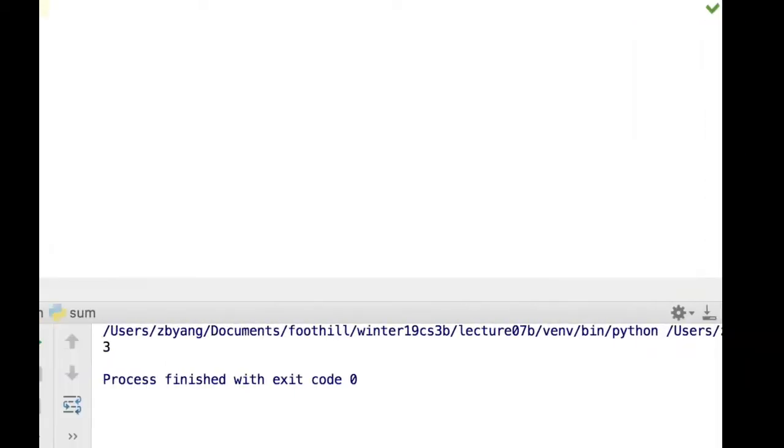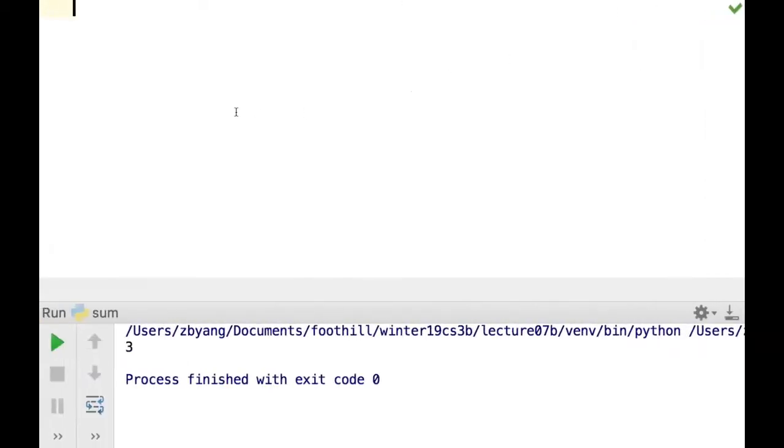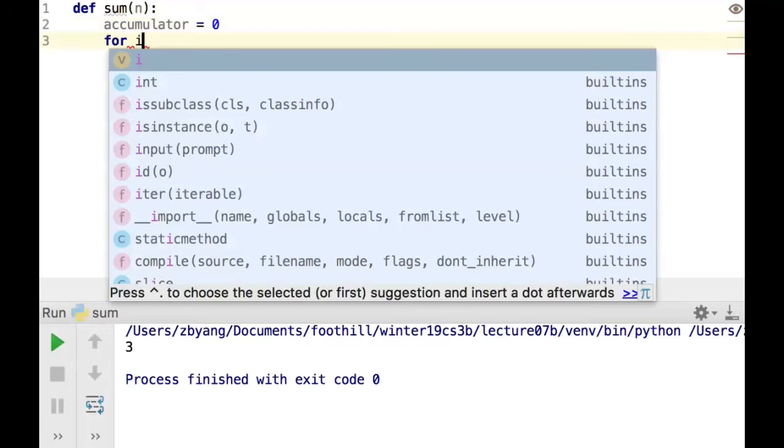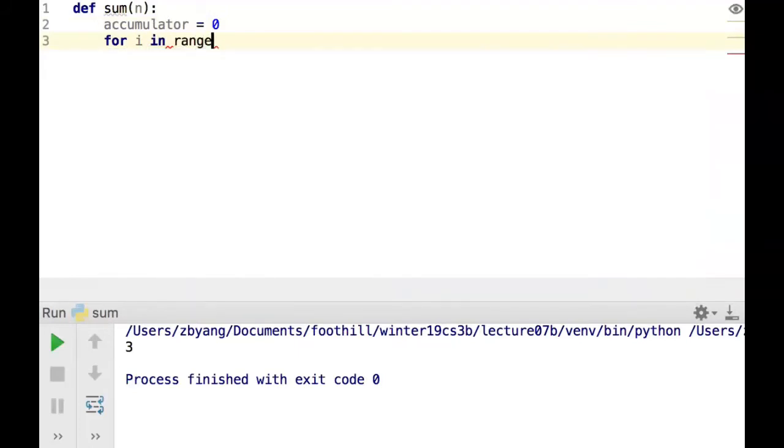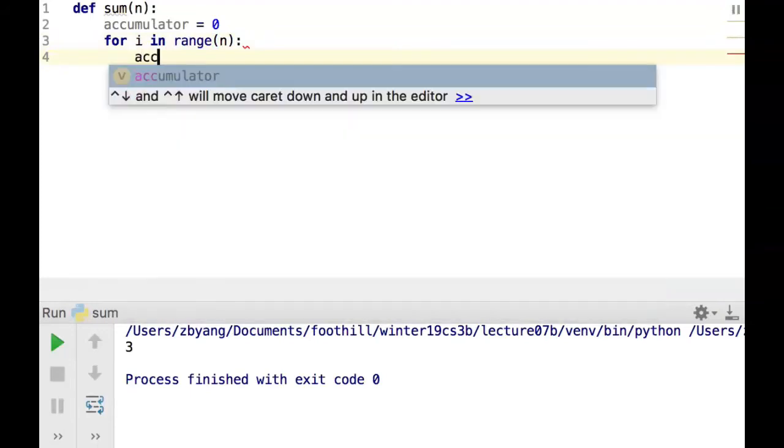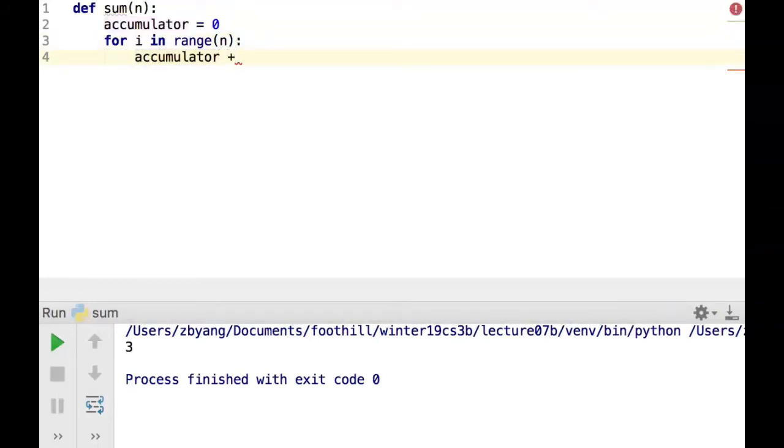Okay, assuming that you've done that, I am going to try to do this myself here. So sum of n, I'm going to have an accumulator, to accumulate all the numbers. I start at 0 because I haven't done anything yet. Then I'm going to say for i in the range all the way up to n, I'm going to accumulate the i into the accumulator.